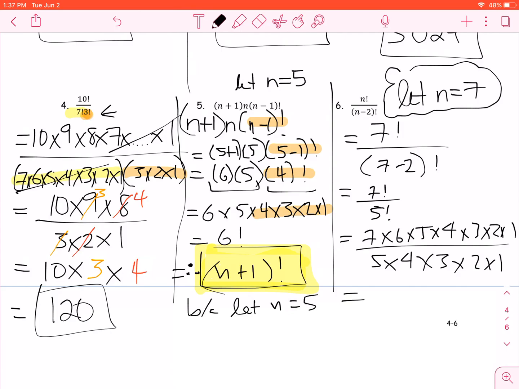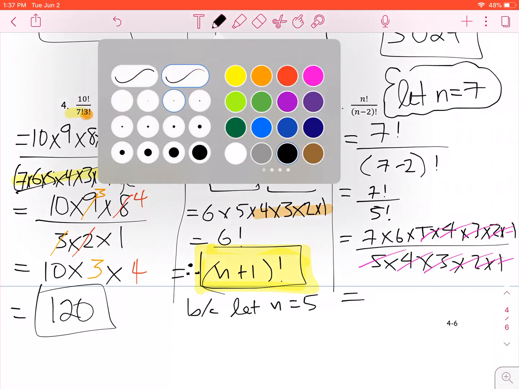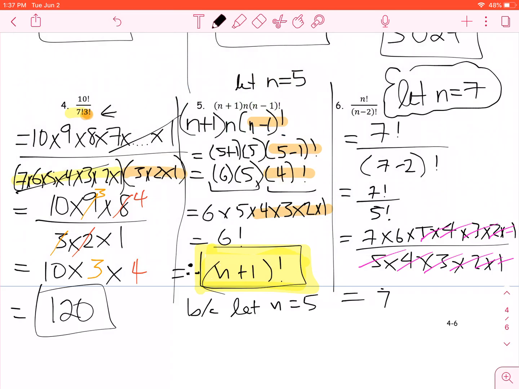Okay, and then when I simplify, I actually just get 7 times 6. Now this is basically n multiplied by n minus 1.